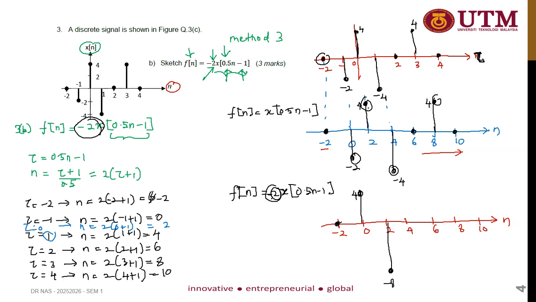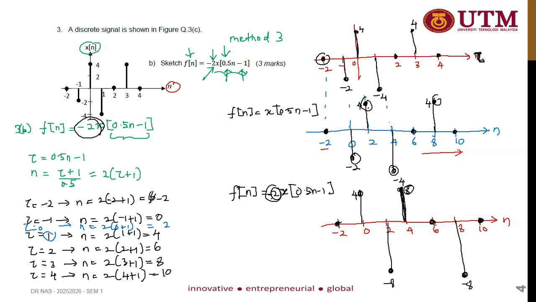At 4 it's negative 4, multiplied by negative 2 is positive 8. Please draw this accordingly, but due to limited space I just put the magnitude as 8 here. At 6 it is 0, and at 10 also 0, and at 8 it is 4, multiplied by negative 2 is negative 8.